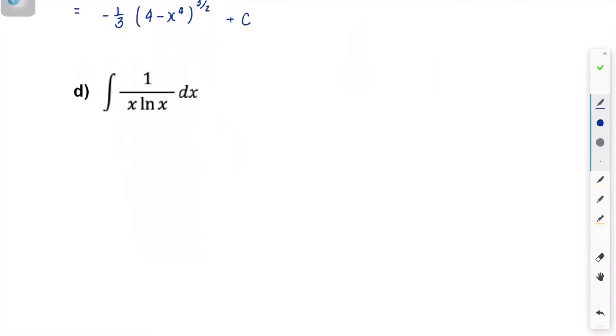Question D. I have the integral of 1 over x ln x dx. I see ln x. I see 1 over x. What's a better choice as a substitution? Knowing that ln x has a derivative of 1 over x, you see how we actually have 1 over x in the question?